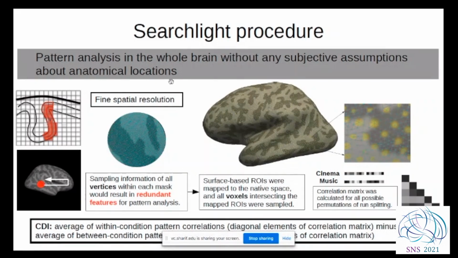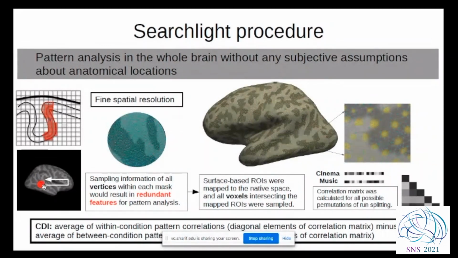So in this analysis, which was basically a kind of surface-based searchlight analysis, we defined a small region on the cortical surface. I'm calling it a surface-based searchlight ROI.